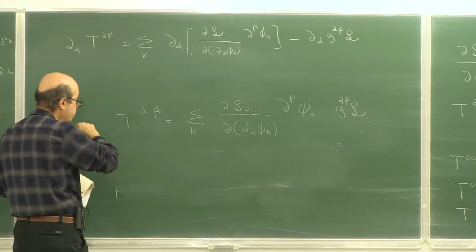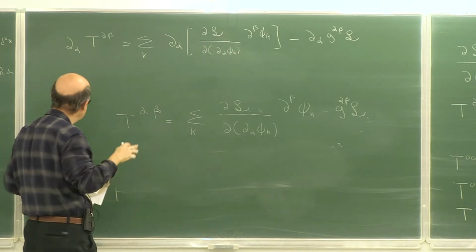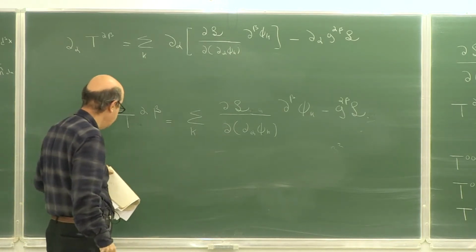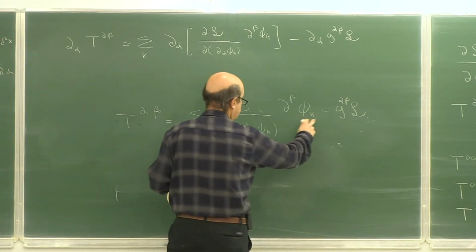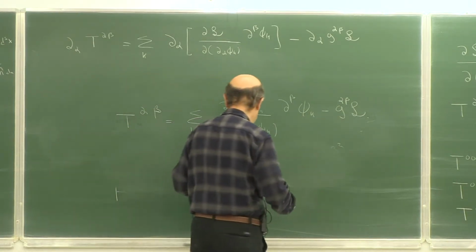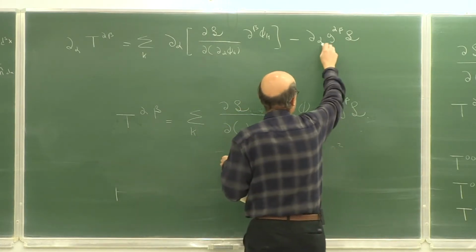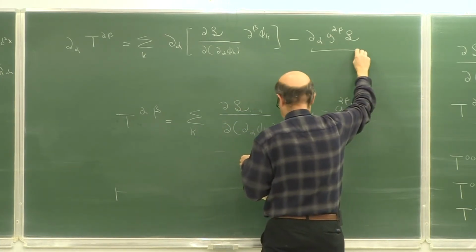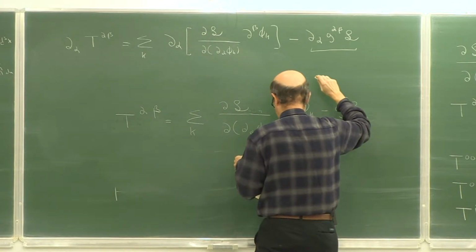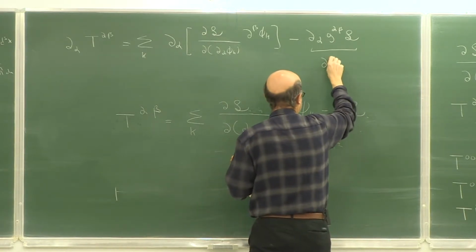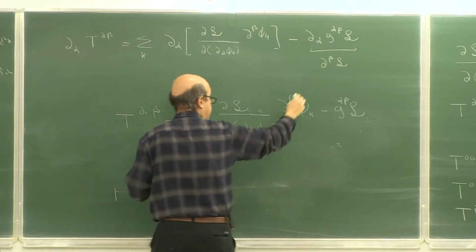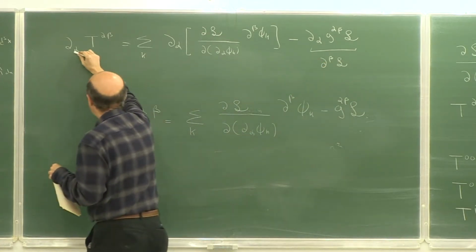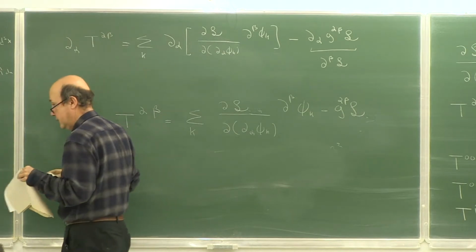So we take the divergence in 4 dimensions of the canonical stress tensor. The first term and the second term are taken. This is alpha, and alpha is contracted, and it is nothing but del beta Lagrangian density. Is it okay? Beta is the free index, alpha is contracted.